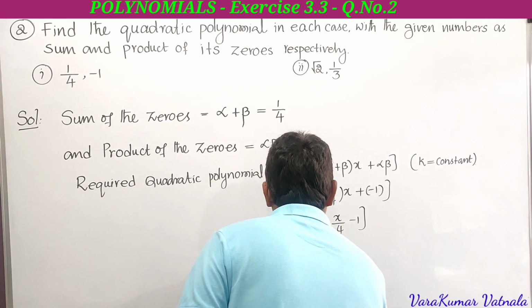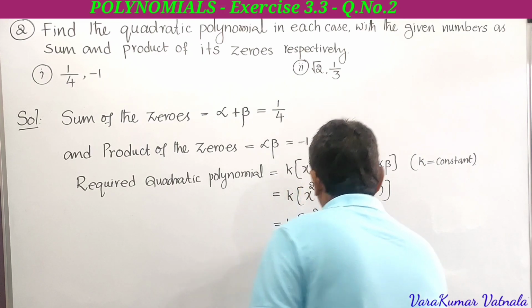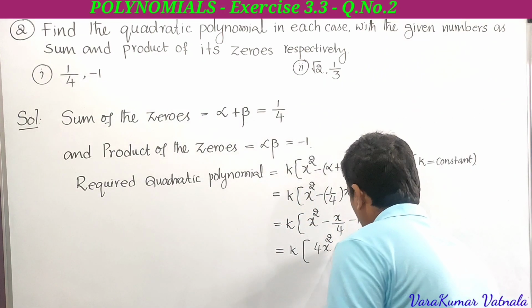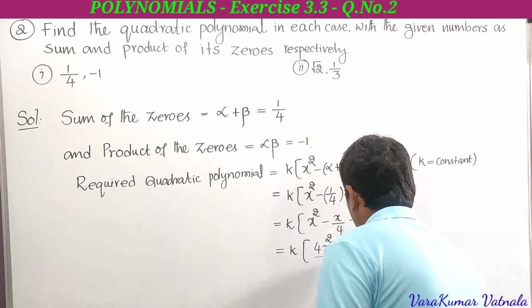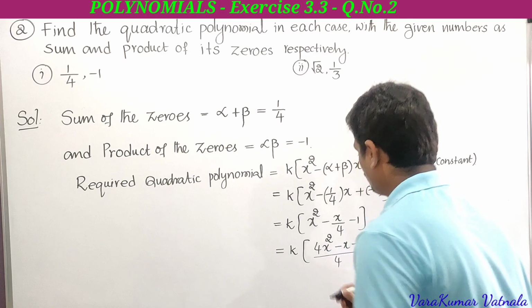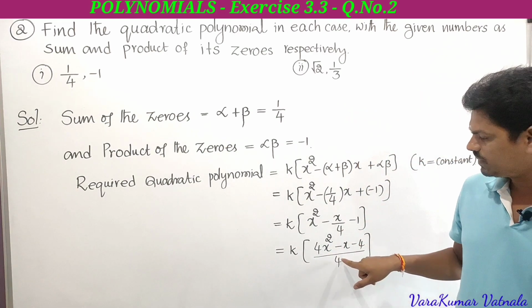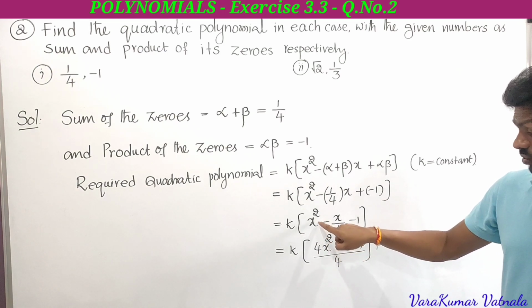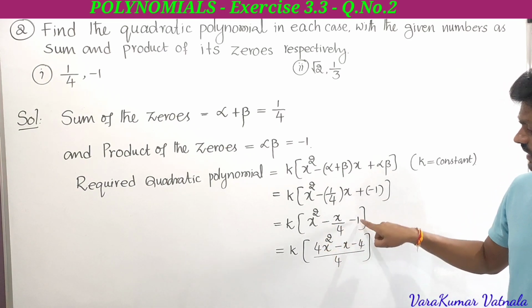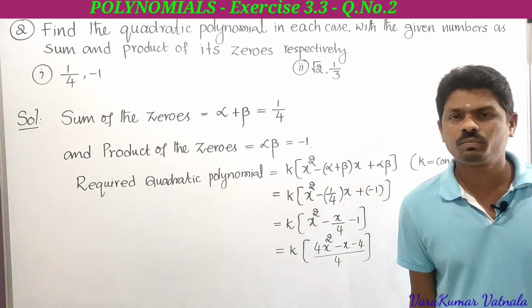We can get k into, find LCM, 4x square minus x minus 4 divided by 4. 4 is the LCM, so x square by 1 is there, so x square into 4, 4x square minus x minus 4 we get. So this is the required quadratic polynomial.